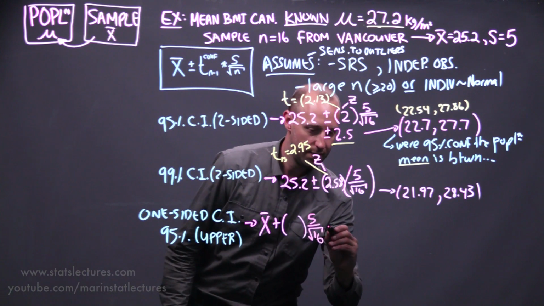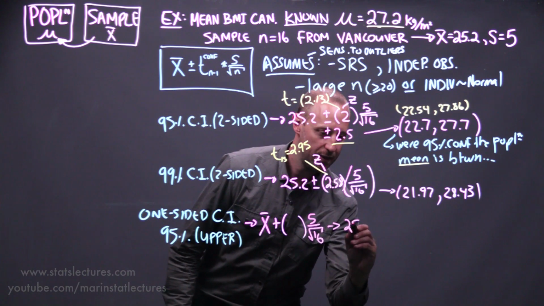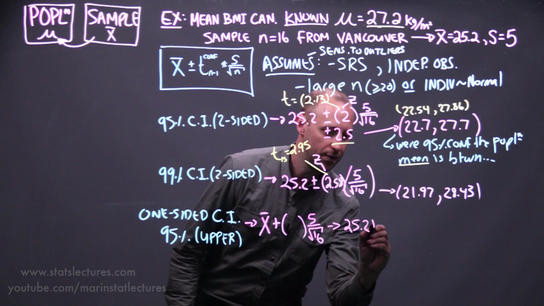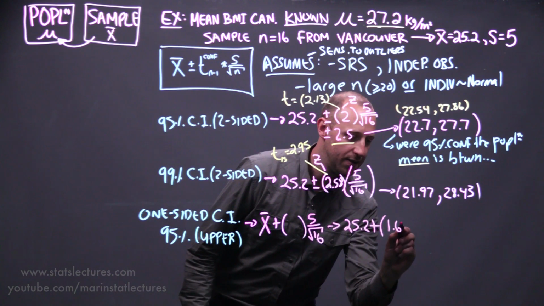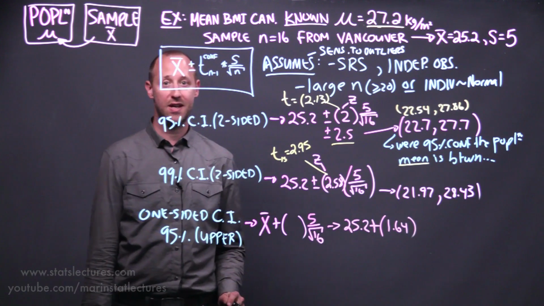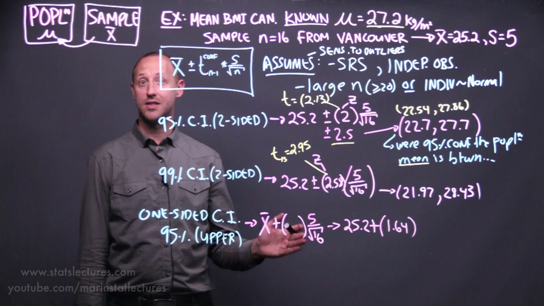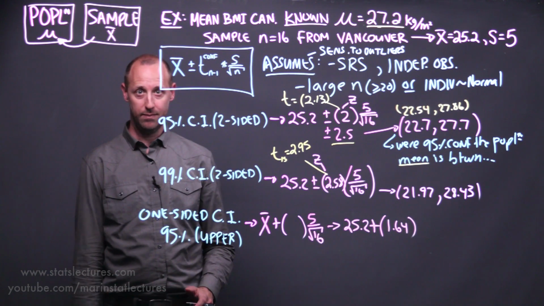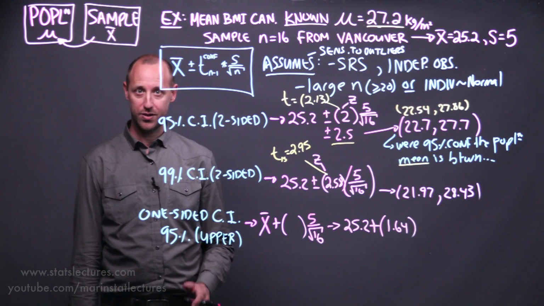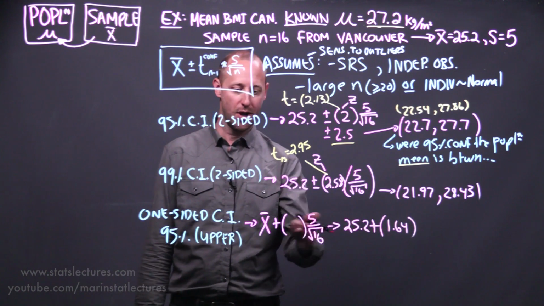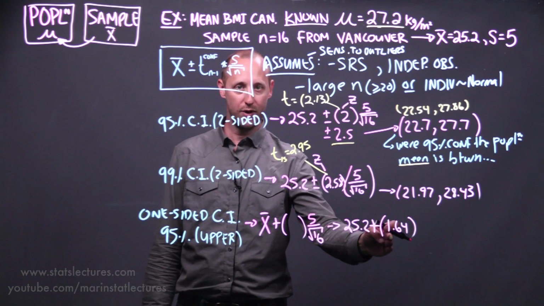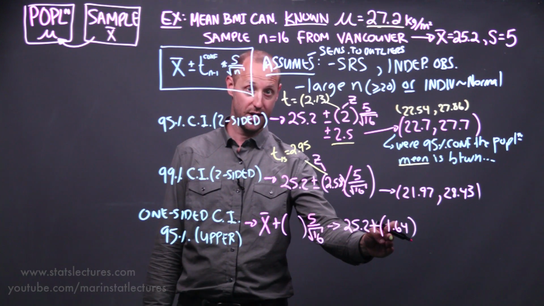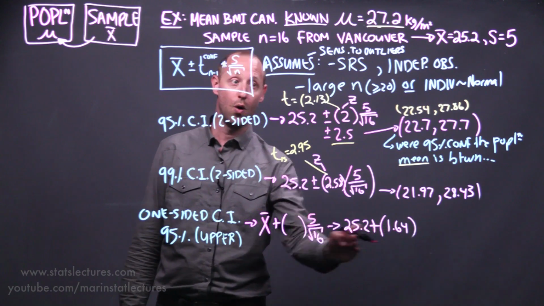So here, our estimate is 25.2. And if we look in the Z table, we'll find that the Z value of 1.64 has approximately 95% below it. So again, for a normally distributed variable, approximately 95% of observations are 1.64 standard deviations or standard errors above the mean or less.